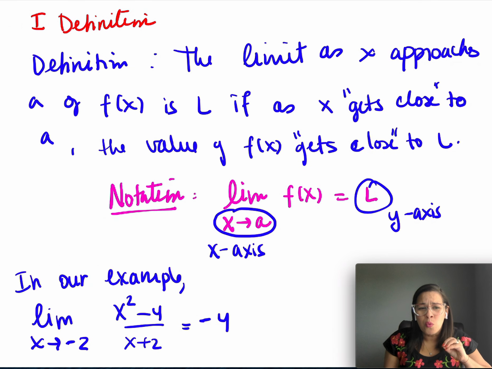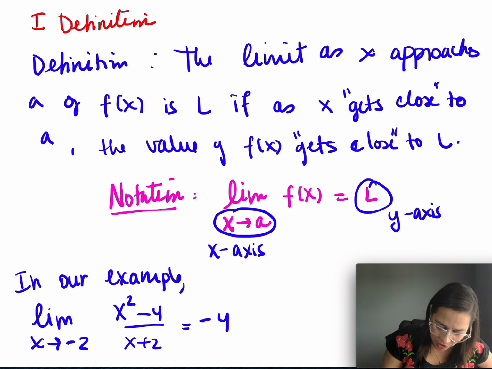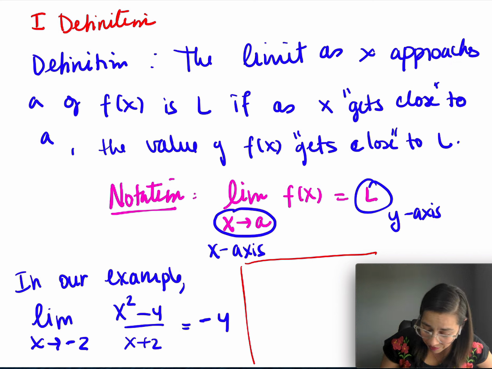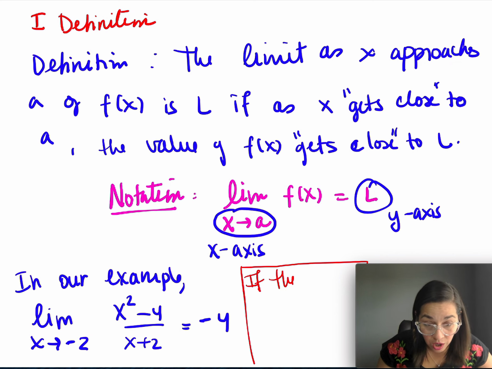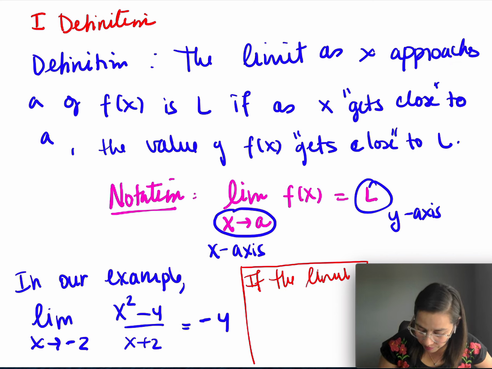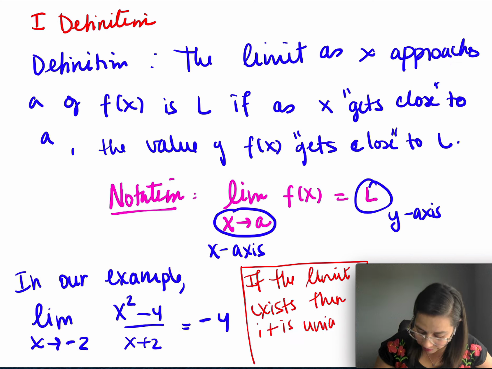And here, when we're defining the limit of a function, we have to make a little note, and we have to add here that if the singular limit exists, then it is unique.